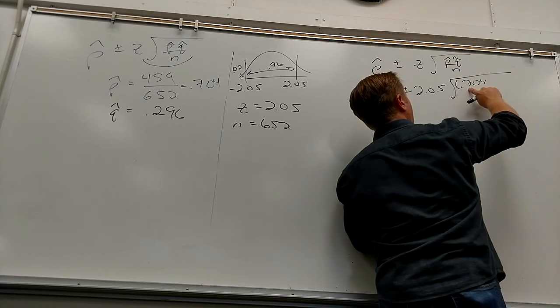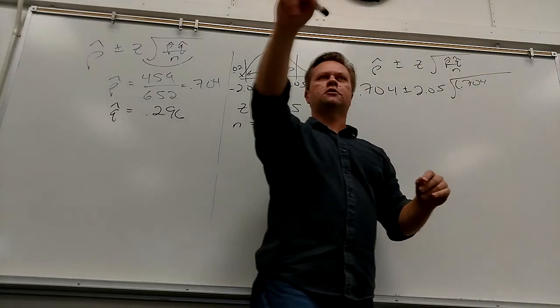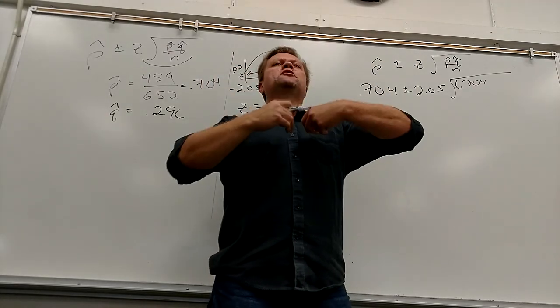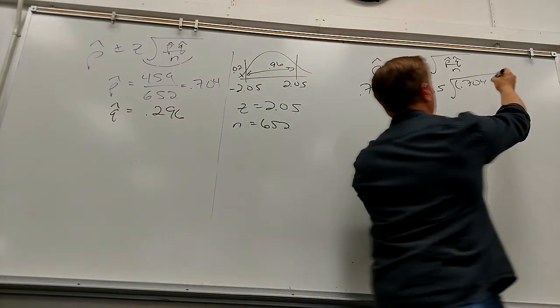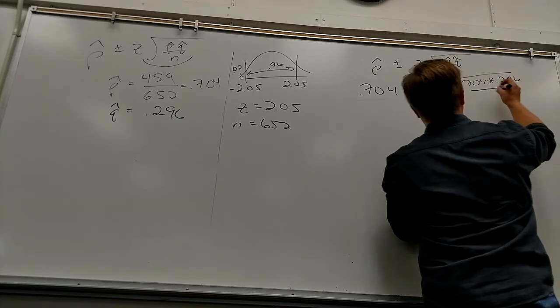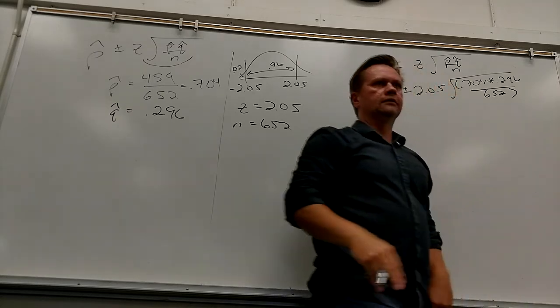0.704. Here's where you have to be careful. If you have the newer calculator, the square root sign just gets bigger, so you know that it's not coming out. But if you close a parenthesis on the older ones, that means you've come out of the square root. So don't close a parenthesis until the very end. So it'll be times 0.296 divided by, what was it, 652, close parenthesis.